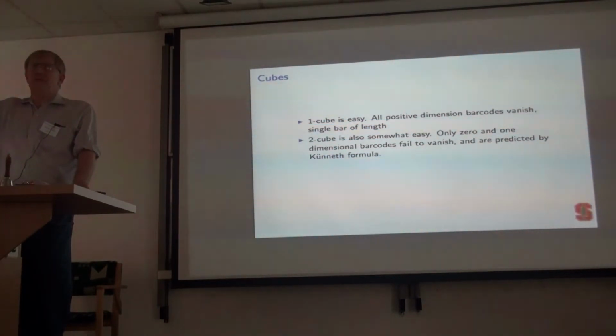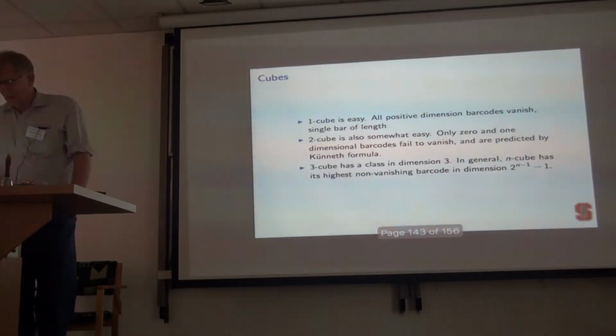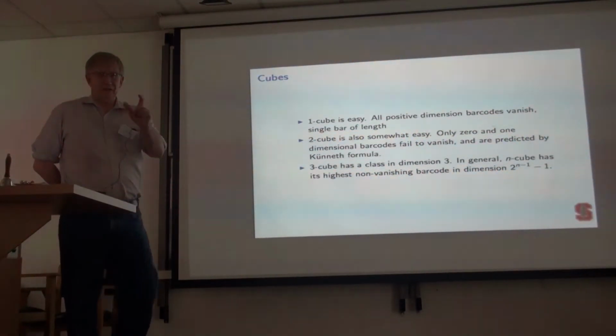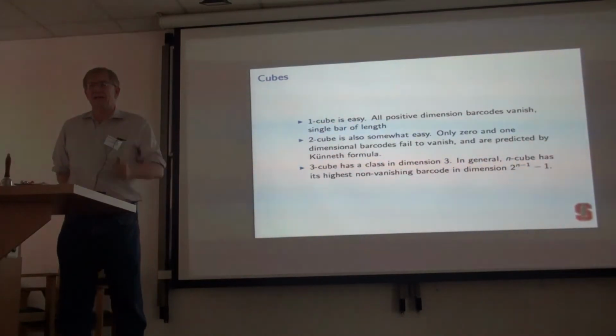And you would think from that if I then take a product of 3 trees, I should get to dimension 2 and no bigger. Unfortunately, the 3 cube has a class in dimension 3, where if the intuition I just mentioned were correct, it would have a class in dimension 2.